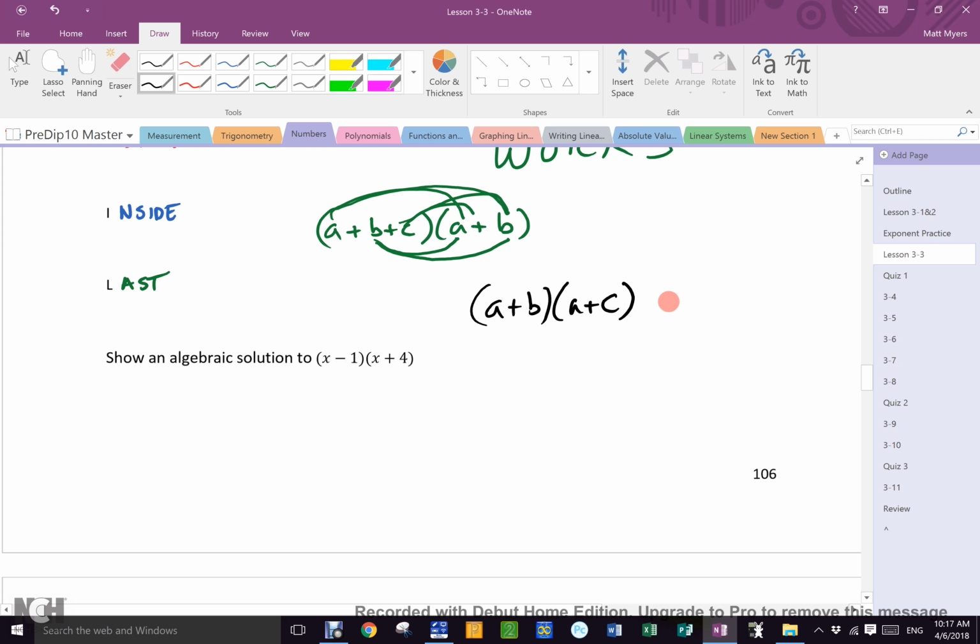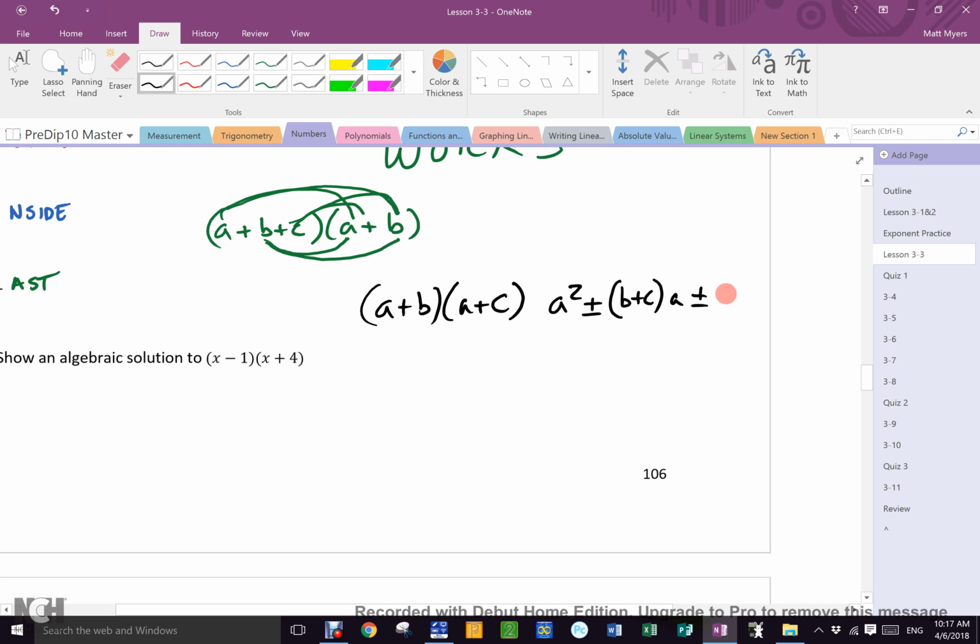The answer is a squared plus or minus, right, because it depends, b plus c with an a, and plus or minus b times c. Always works if it's just an a. Okay? If the two terms in the front of the bracket are this.